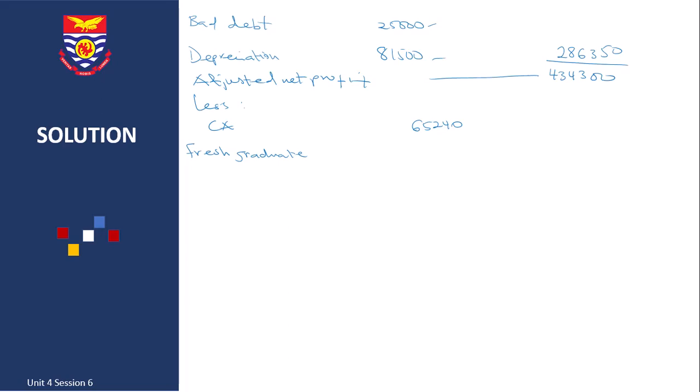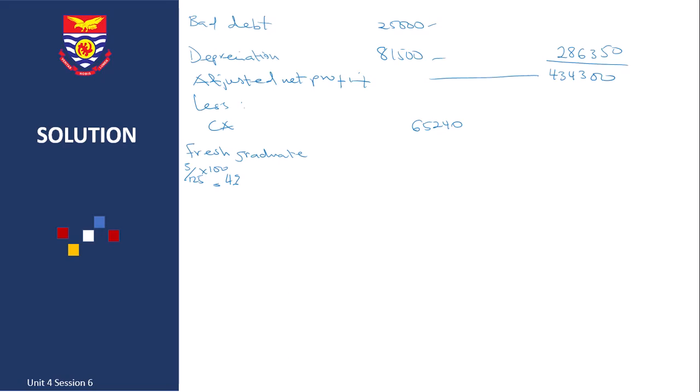So let us look at the percentage. 5 over 125 times 100. This is going to give us 4%. And we're told that when it is above 1% but not more than 5%, 30% of their salaries and wages is granted as additional deduction.